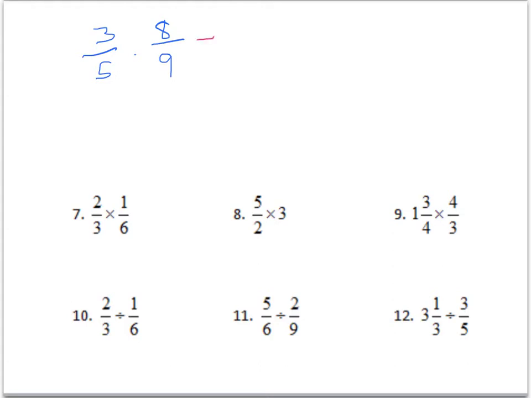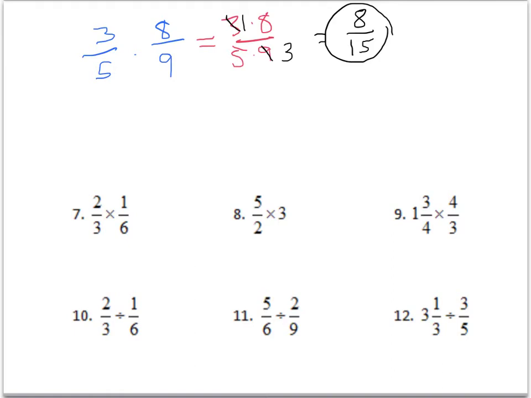So really the reason we can do that is because this is 3 times 8 over 5 times 9, and we can multiply and divide in any order we want. That's why it's legal for me to cross out the 3 and cross out the 9 and reduce that to 1/3. And so when we multiply across the numerator, 1 times 8 is 8, and the denominator, 5 times 3, is 15. So our answer is 8/15.